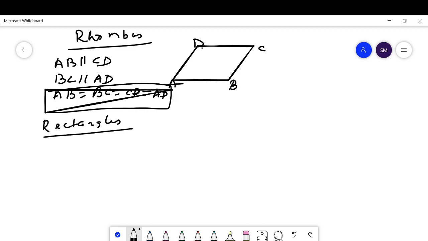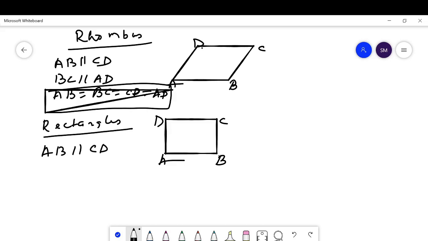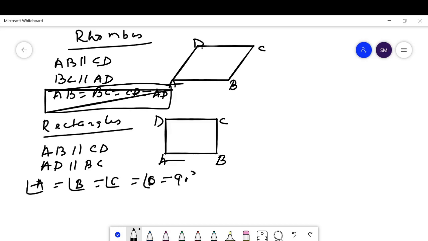Suppose ABCD is a rectangle, a type of parallelogram in which AB is parallel to CD and AD is parallel to BC, and angle A is equal to angle B is equal to angle C is equal to angle D is equal to 90 degrees.